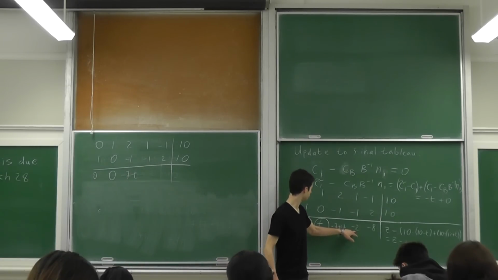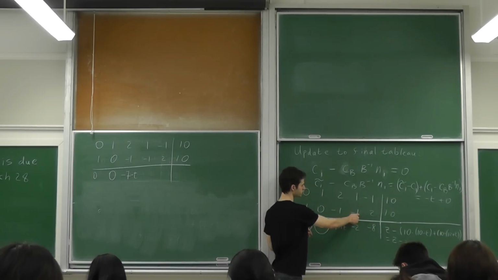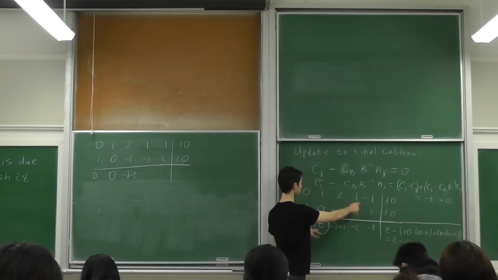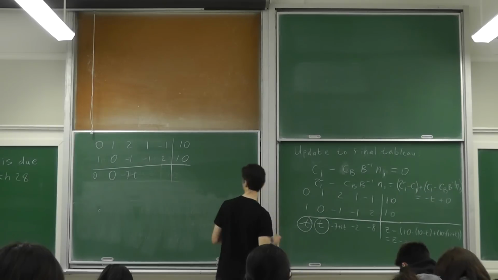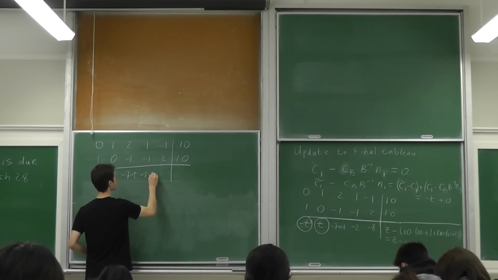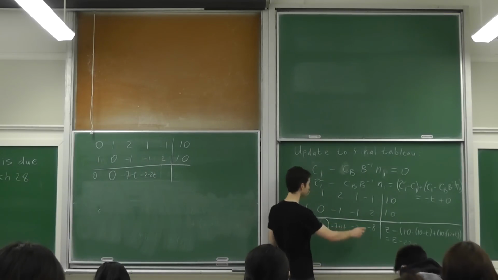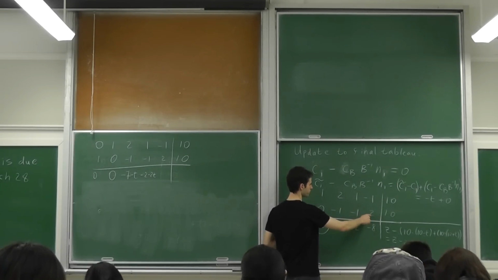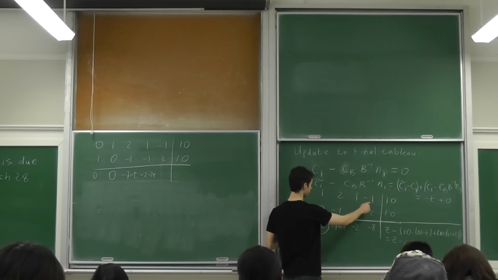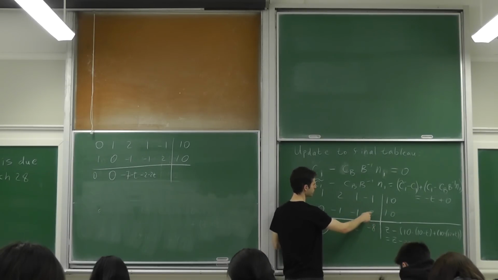Here it used to be minus 2. Now I'm adding t times this, so minus 2 minus t, and subtracting t times this. So minus 2 minus 2t. And here it used to be minus 8. Now I'm adding t times this, so minus 8 plus 2t, and subtracting t times this, so it will be minus 8 plus 3t.